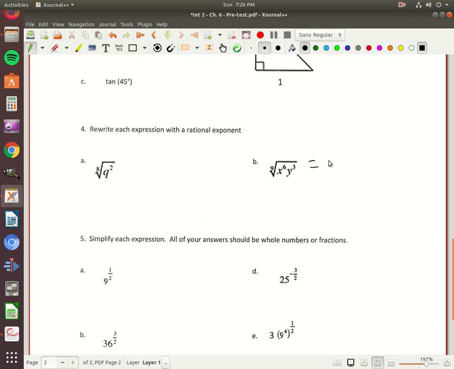But I know that I'm going to have X, and I have 6 here and 9 here, right? And I have Y, and I have 3 here and 9 here. So I can simplify that, right? 6/9 is the same as 2/3, and 3/9 is the same as 1/3. So that's what that's going to look like.